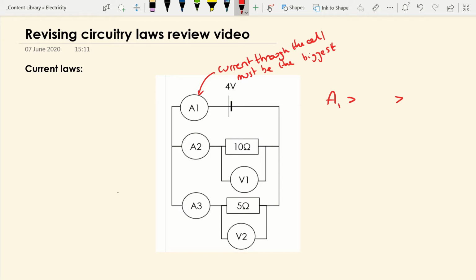And then what we have to do, I'll change color because we're looking at different things, we then have to look at the resistances in the two sections, because a bigger resistor would mean you get a smaller current.